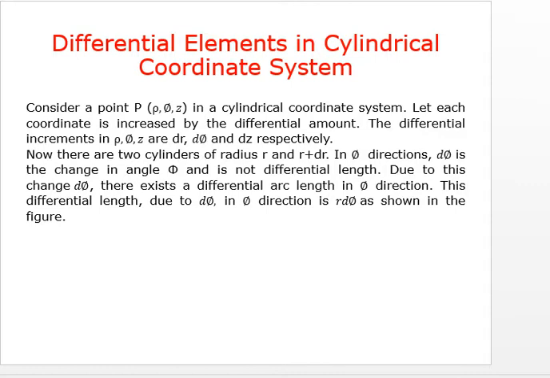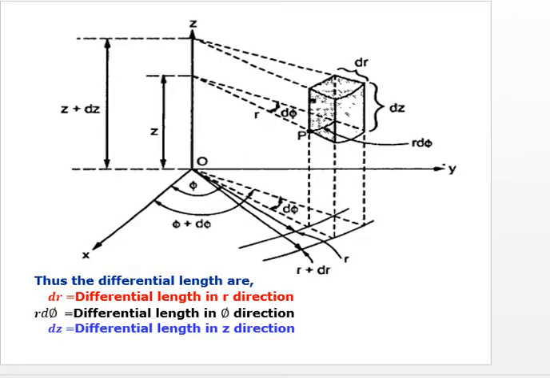There is an arc type. So to determine the differential element in the cylindrical coordinate system, first of all we consider a point P. You can see in this picture, this is a point P.